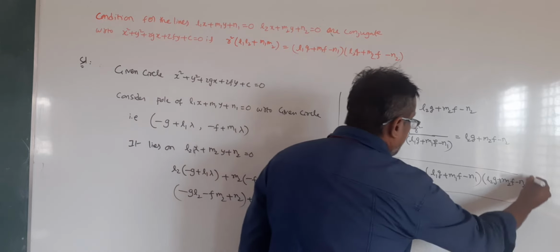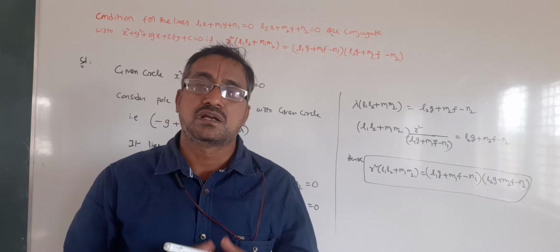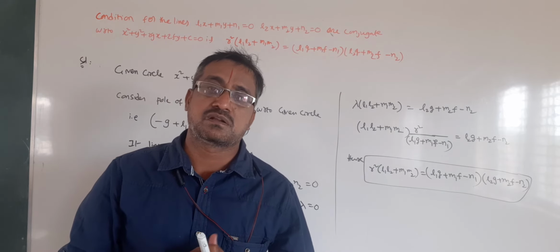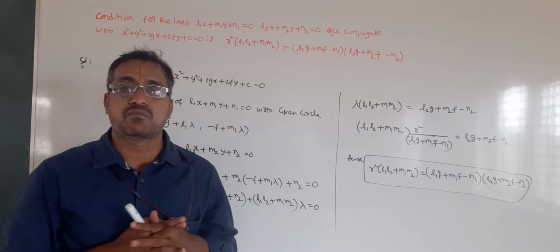This is the required condition so that the two lines are conjugate with respect to the circle S = 0. This is another important condition.